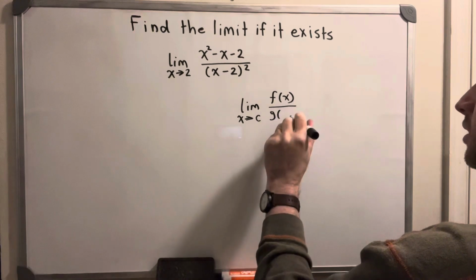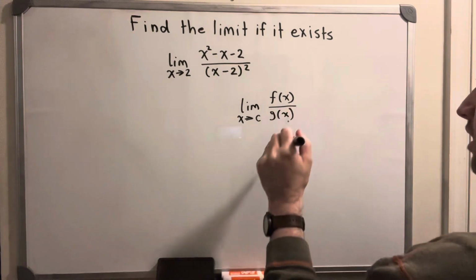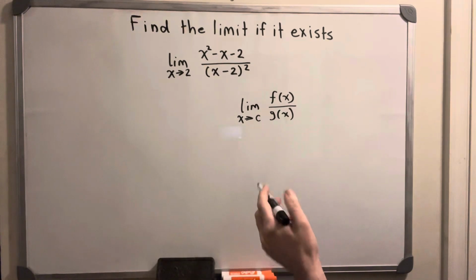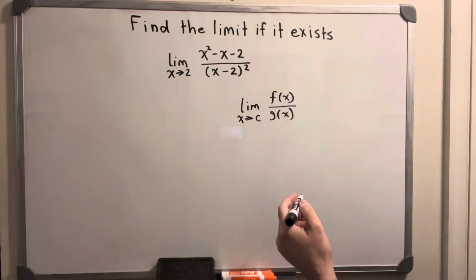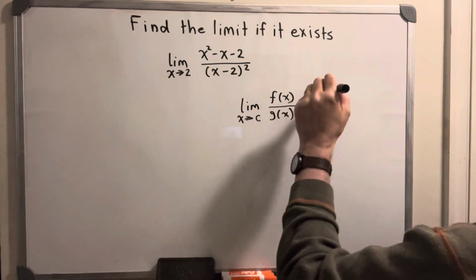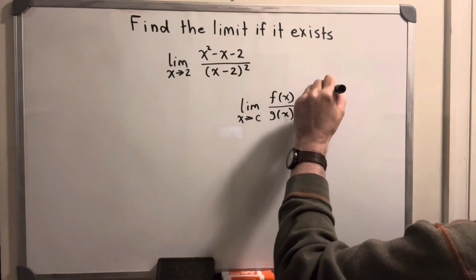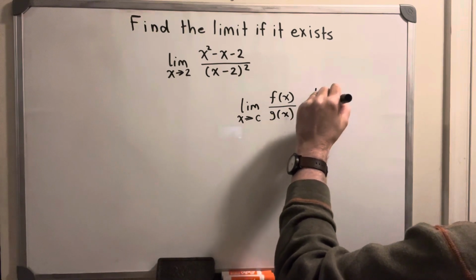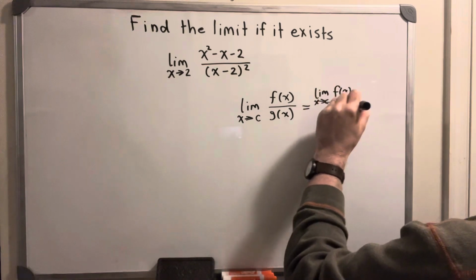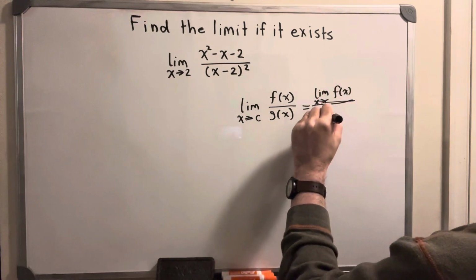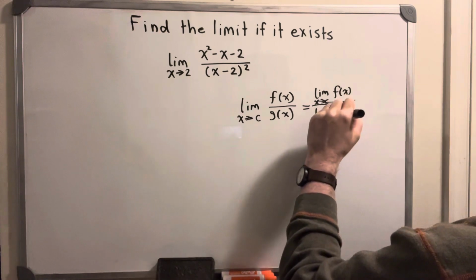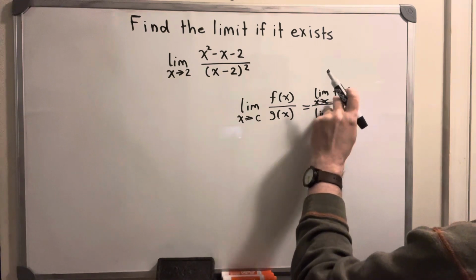Is this immediately usable? What are the restrictions on this? Oh, that this is equivalent to the limit as x approaches c of f of x over the limit as x approaches c of g of x.